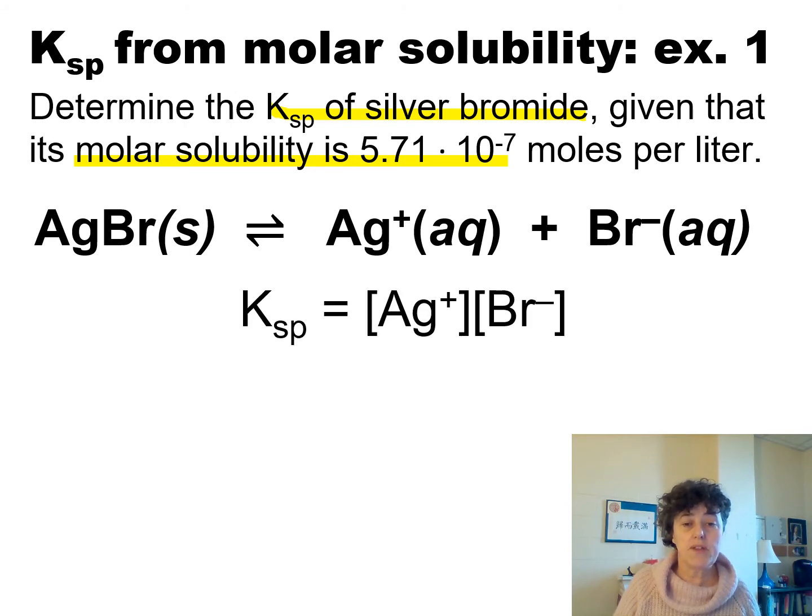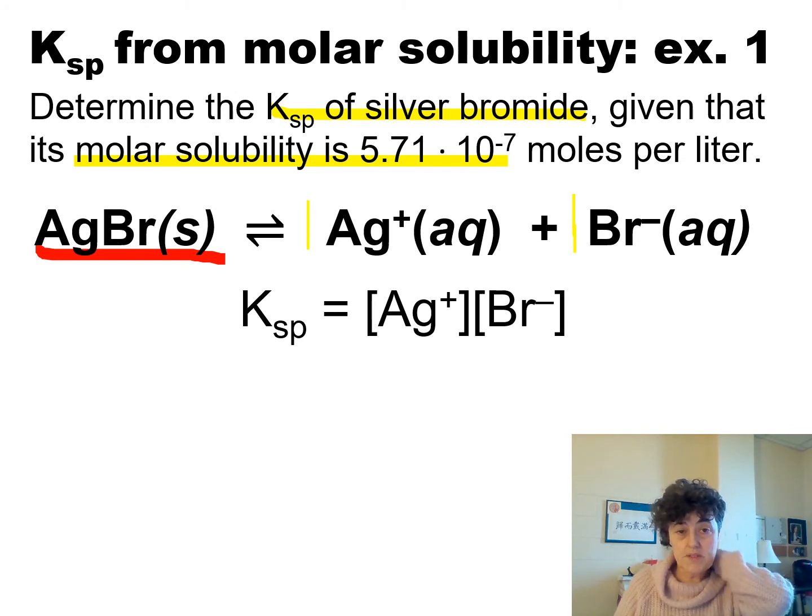Again, remember that is a heterogeneous equilibrium, so you will not use the concentration of the silver bromide. And the other important thing is that you have a coefficient of 1 in front of each of the two species, and this means that there are no exponents in the expression of the Ksp.